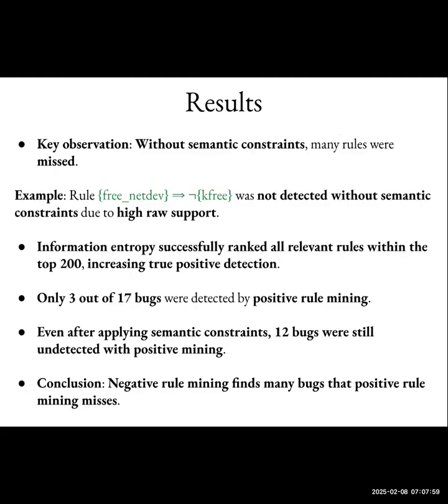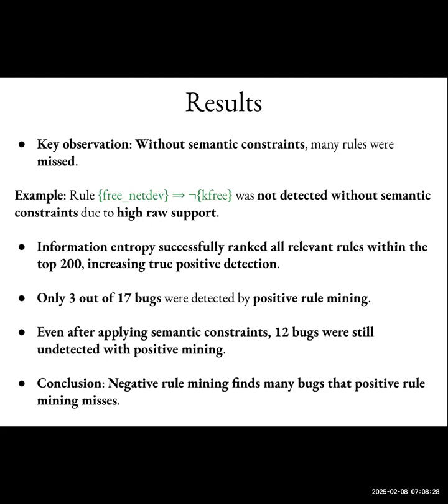Now, moving on, a key observation that we saw through the paper was that without semantic constraints, many rules were missed. For example, one of the rules that was missed was the free netdev and kfree negative correlation, which was not detected without semantic constraints due to high raw support. And secondly, the information entropy successfully ranked all the relevant rules within the top 200, increasing the true positive rate.